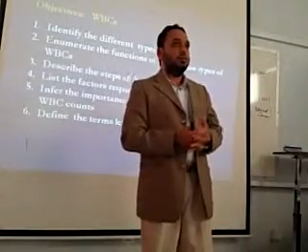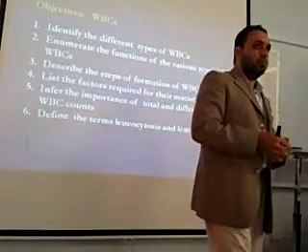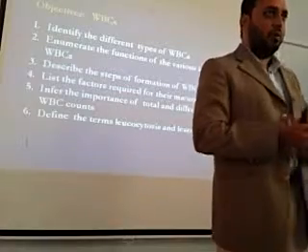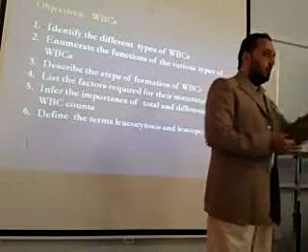These WBCs, where are they coming from? Origin from the bone marrow, like all the formed elements of the blood. So in the bone marrow there are basically stem cells.